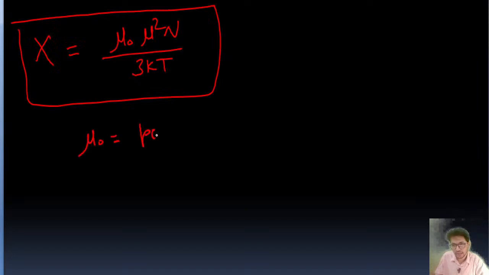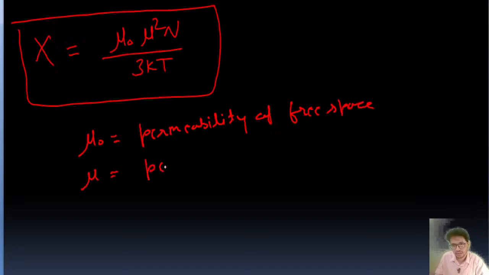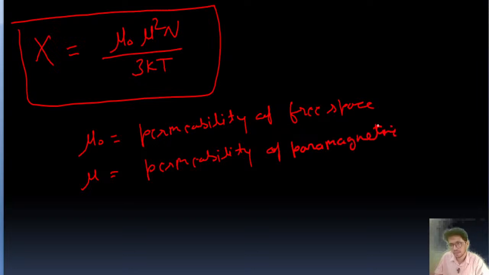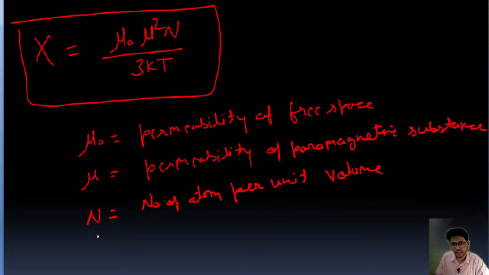Here, mu 0 is the permeability of free space or vacuum, mu is the permeability of the substance, that is the paramagnetic substance, n is the number of atoms per unit volume, and k is the Boltzmann constant.